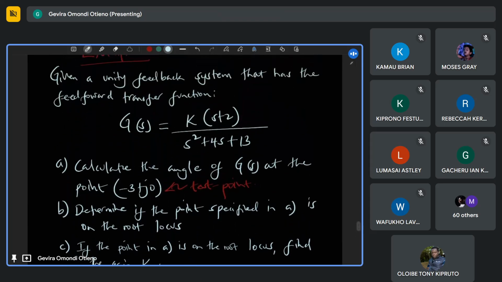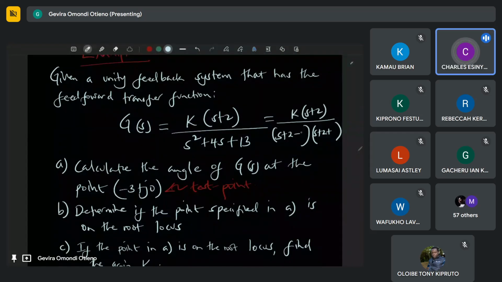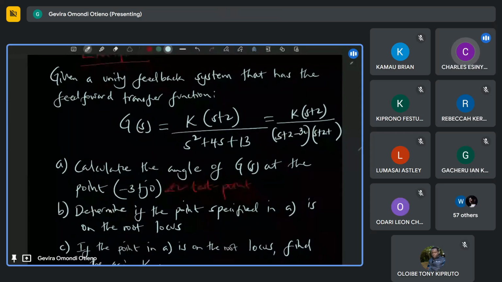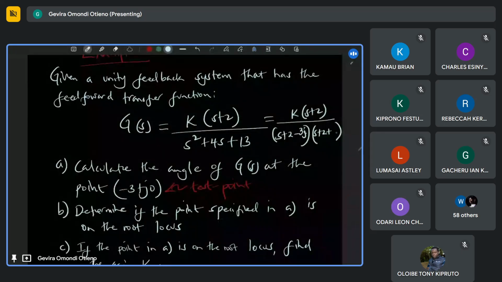This is the same as saying K into S plus 2 over S plus 2 minus something, and S plus 2 plus something. So what is this? Anyone, please? 3, okay. So it's 3J, and this is S plus 2 plus 3J.